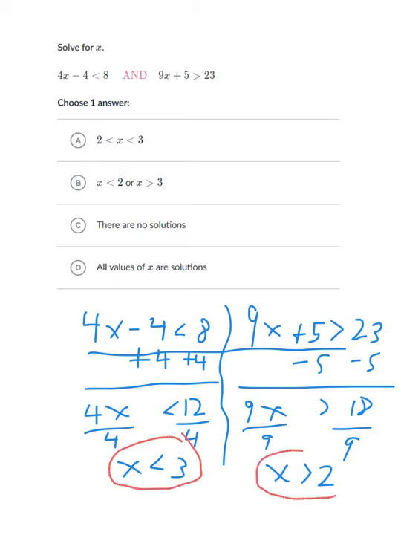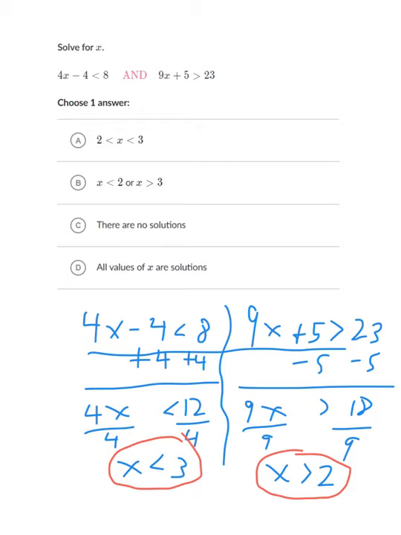The only solutions that count are the solutions that are in both answers. So I can only count x values that are smaller than 3, and I can only count x values that are greater than 2.